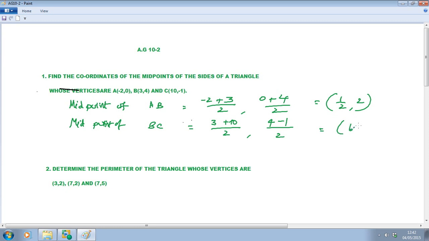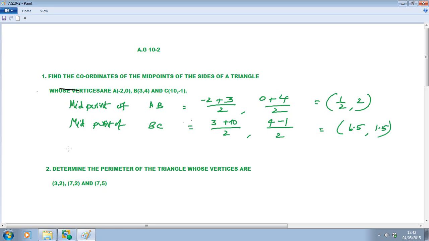You can take it as 6.5 and 1.5, since 3 by 2 we can write as 1.5. Or you can put half as 0.5 and half 2.